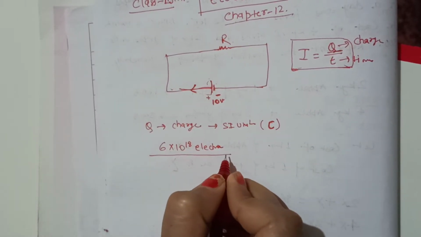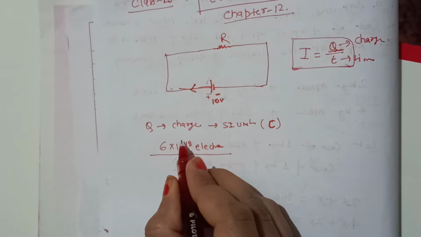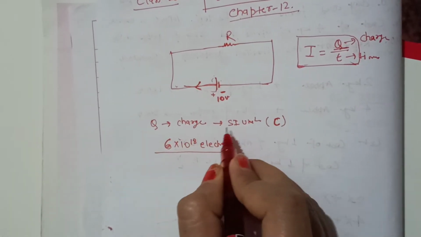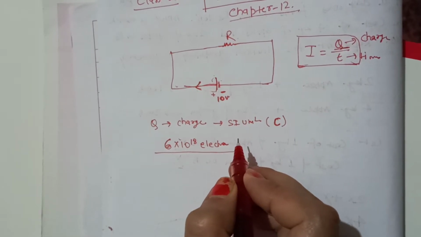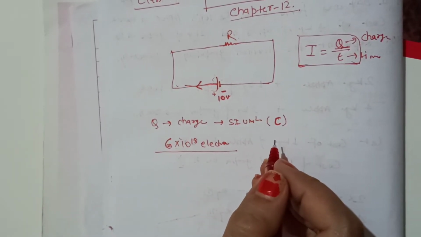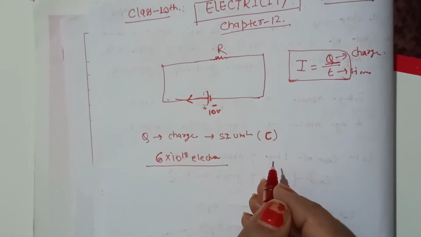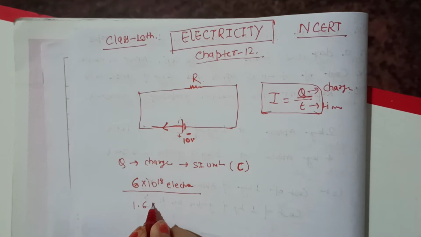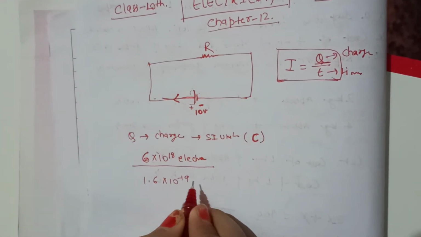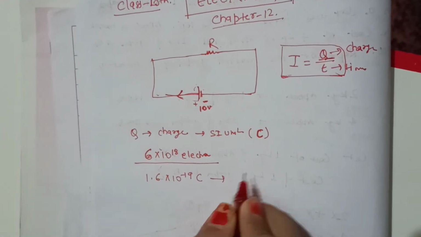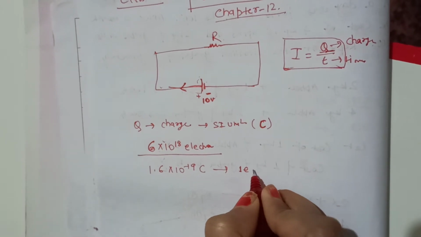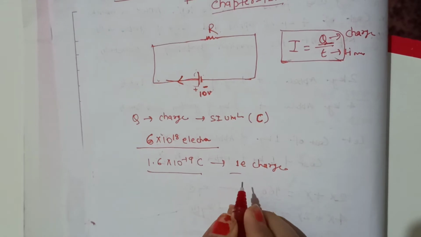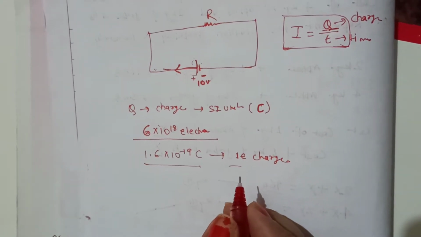And we know that an electron possesses a negative charge of 1.6 into 10 to the power minus 19 coulomb. So this is the charge of 1 electron, which we already know.